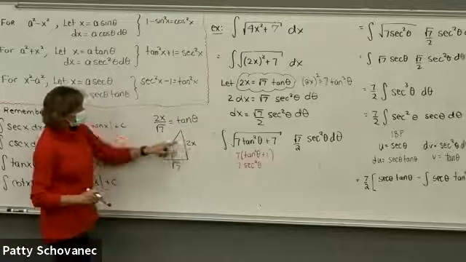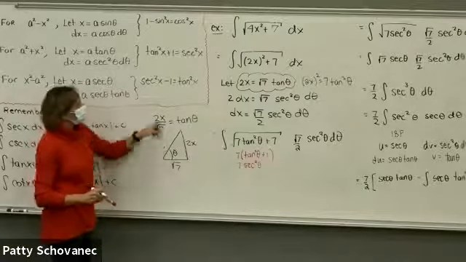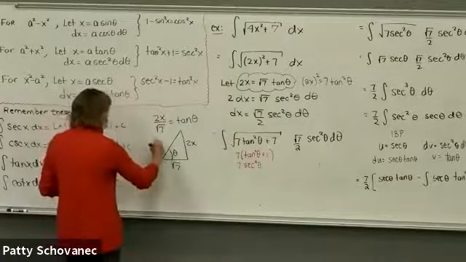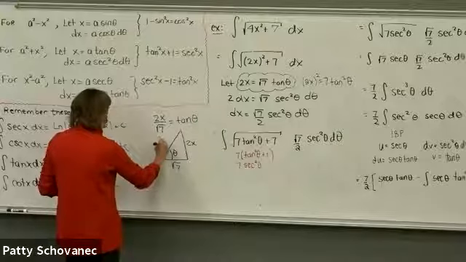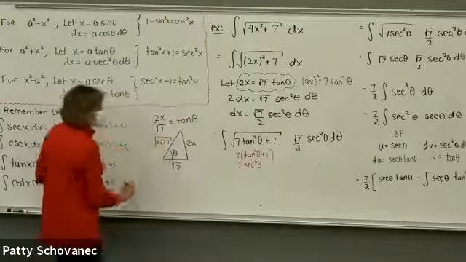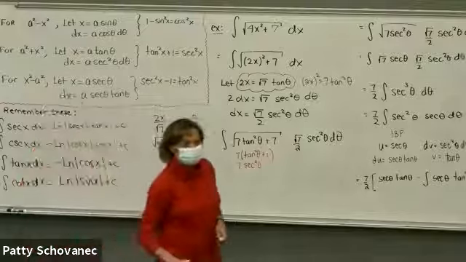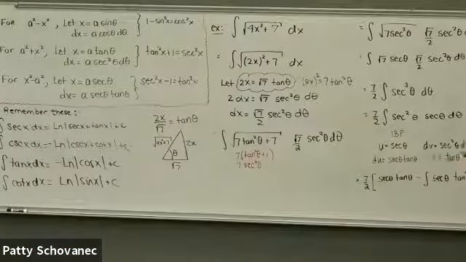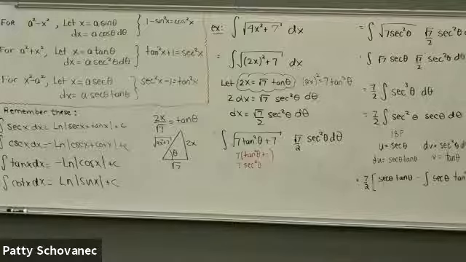This squared plus that squared gives us the hypotenuse squared. So that should be the square root of 4x squared plus 7. So the secant of that angle is the square root of 4x squared plus 7 over the square root of 7. The tangent we have 2x over the square root of 7. Fill them in and we're done.